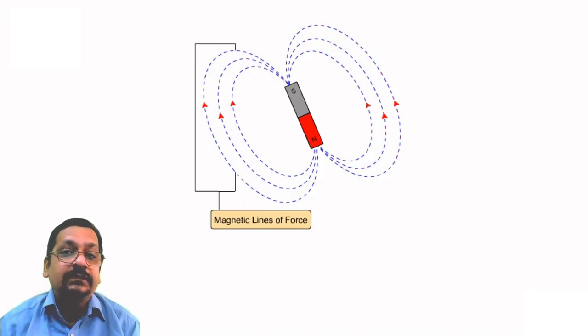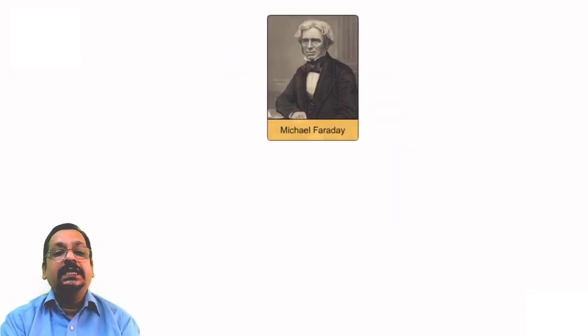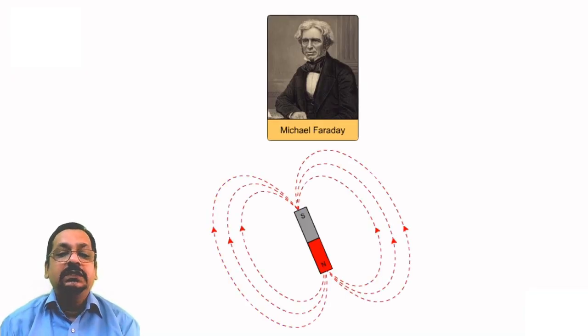Now you will ask me, can we see these lines of force? The answer is yes. Definitely you can see lines of force, but in some other form, by means of some object. So we will see magnetic lines of force, and you are seeing first of all the picture of one scientist.